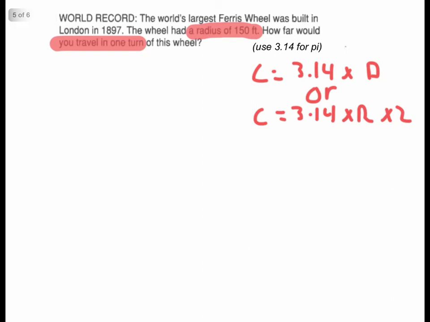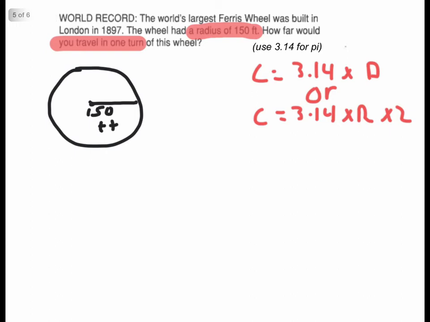We have a wheel. And it does say that it has a radius of 150 feet. So remember, radius has to go right through your middle. And then it goes to one end, and it's 150 feet. 150 feet, okay? So now we just decide, are we going to do circumference using one of our two formulas, or do we need to calculate the area?